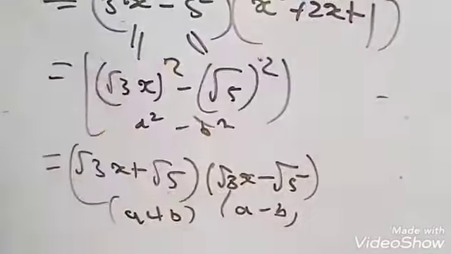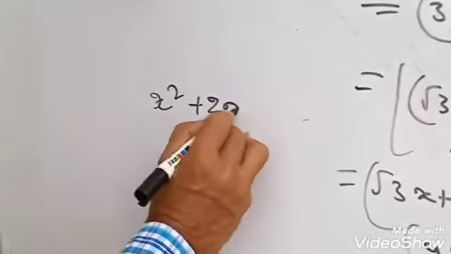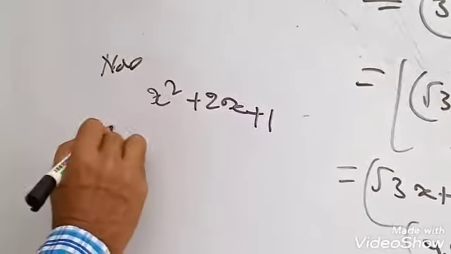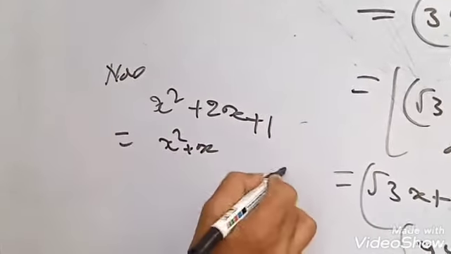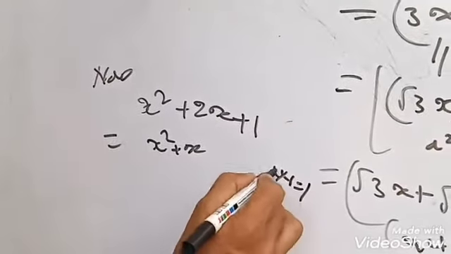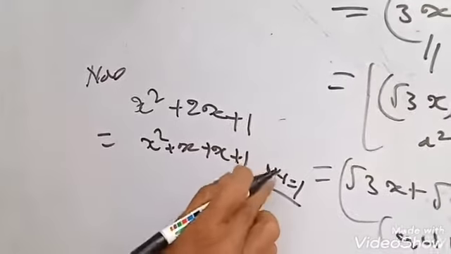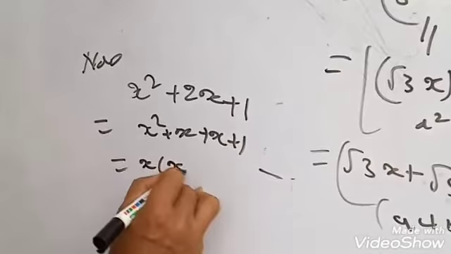This can be broken. x^2 plus 2x plus 1 is equal to x^2 plus x plus x plus 1, since 1 into 1 equals 1. From here, x plus 1. This is equal to x common, x plus 1.